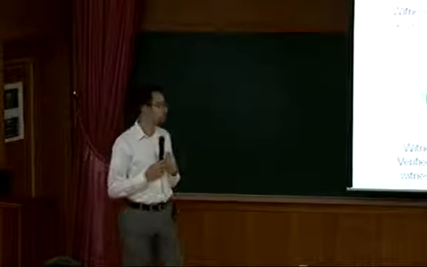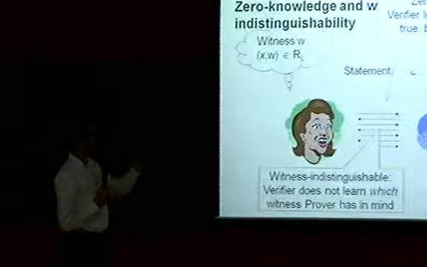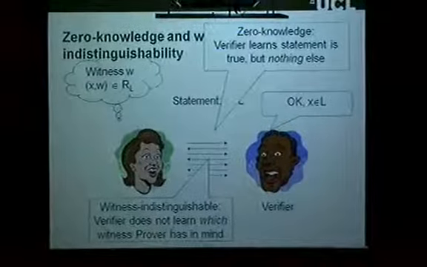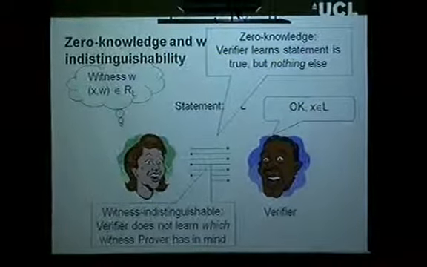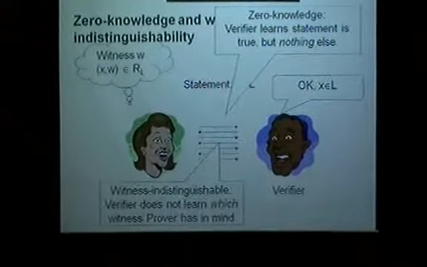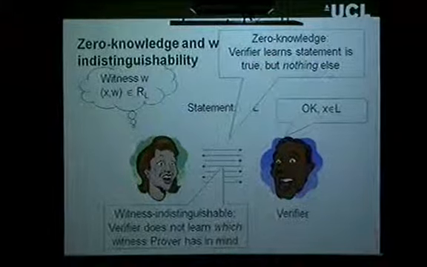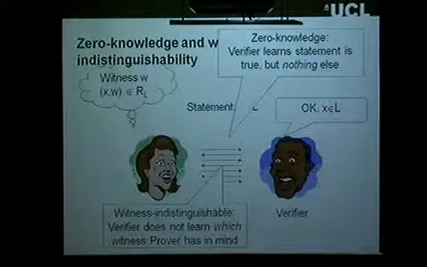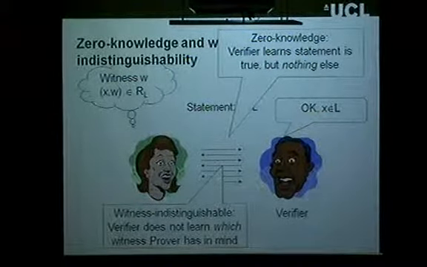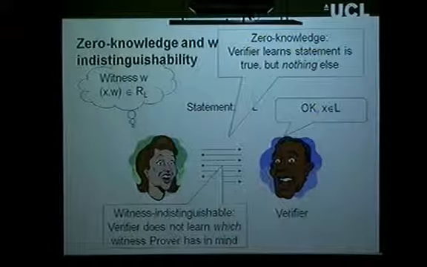So certainly zero knowledge implies that the verifier does not learn which witness it is, so zero knowledge clearly implies witness indistinguishability. It doesn't go the other way, right? It could be, for instance, that all witnesses have the first bit being 0, and in that case there's nothing wrong with giving a proof that reveals that the first bit is 0, because it would not help the verifier to distinguish between the witnesses.